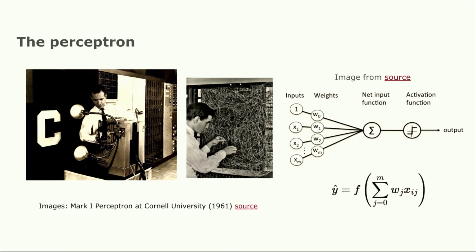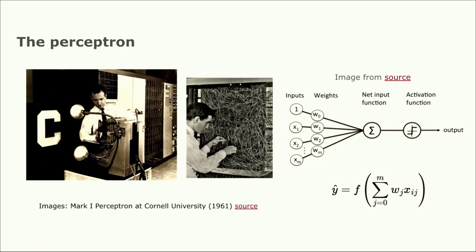This could recognize simple patterns using an array of 400 photocells connected to perceptron weights. These weights were adjusted using potentiometers and a simple update rule that Rosenblatt defined. The fundamental idea of a perceptron is to compute the weighted sum of input features, including a bias unit, and then to pass this sum through a step function or other nonlinear activation to produce an output.